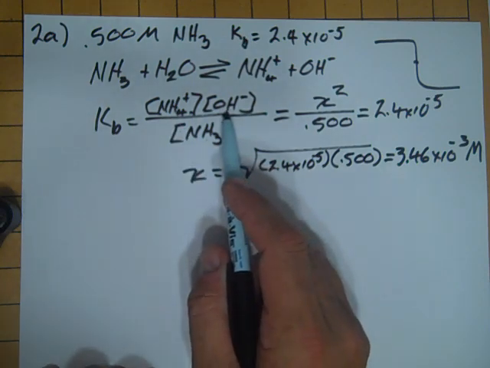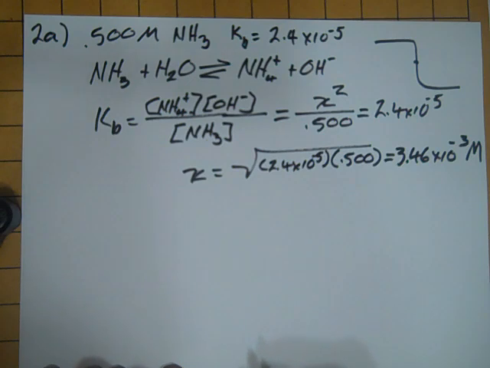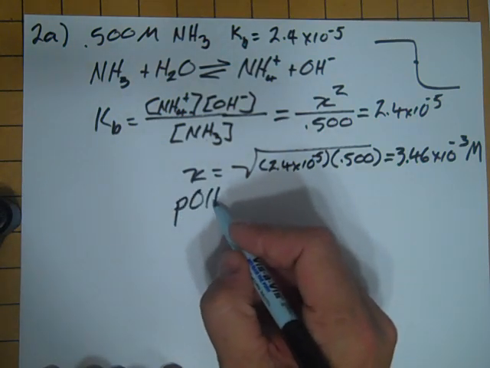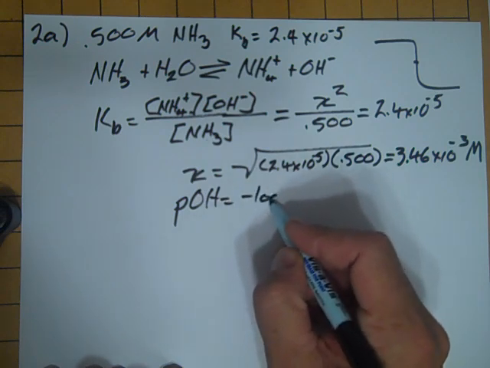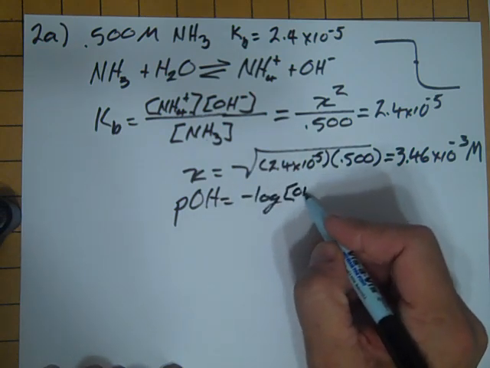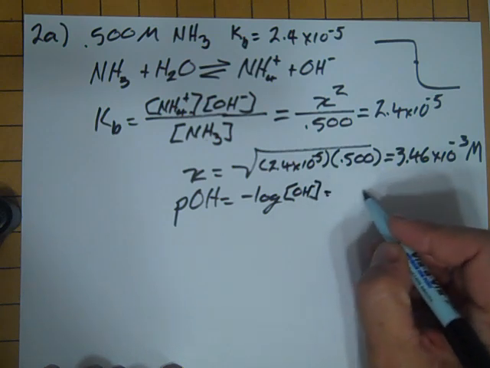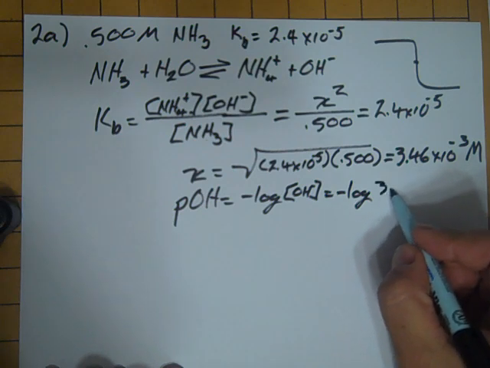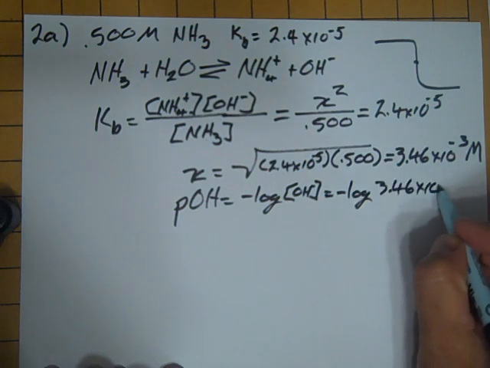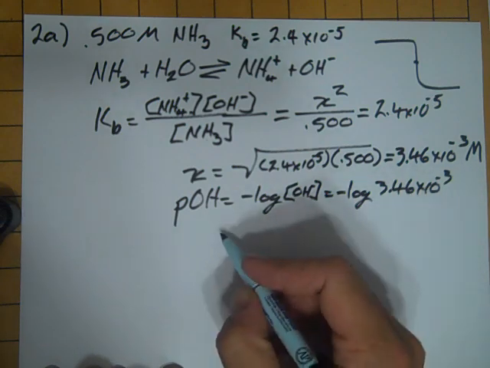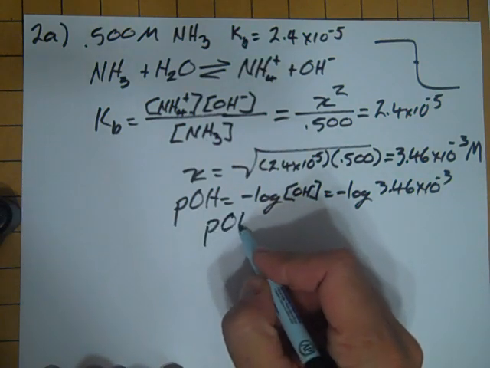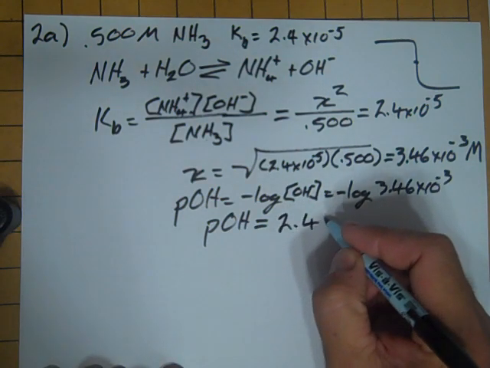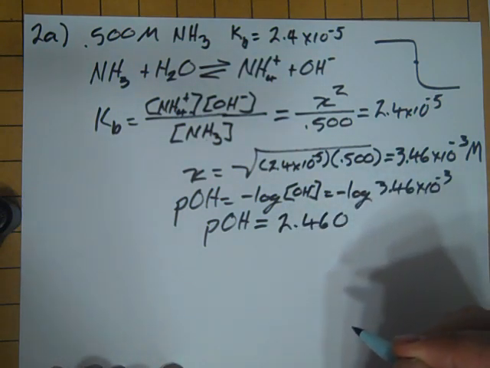But it's the concentration of the hydroxide that we can use to find the pH. Not directly, but indirectly. pOH equals the negative log of the concentration of OH minus, which means pOH equals the negative log of 3.46 times 10 to the minus 3. pOH equals 2.460.